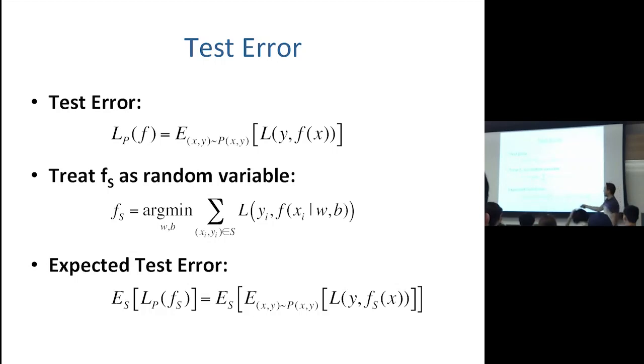Now, every time I pick S, we can pick an f from our class of models. So this is known as the expected test error of the hypothesis class with respect to training sets of this size. And these are quantities that will get covered in more detail later.